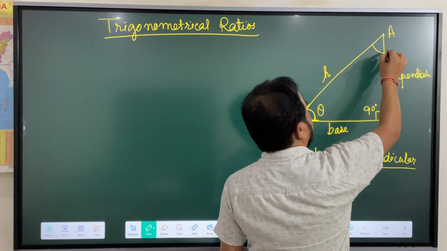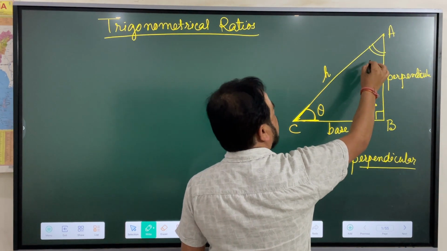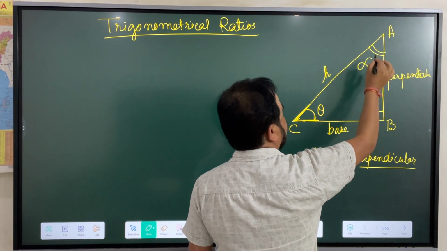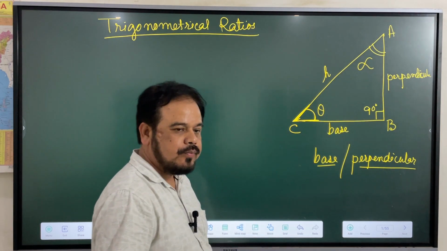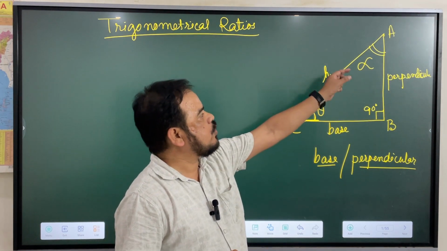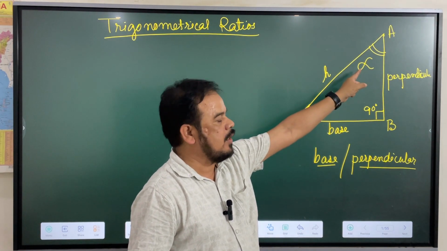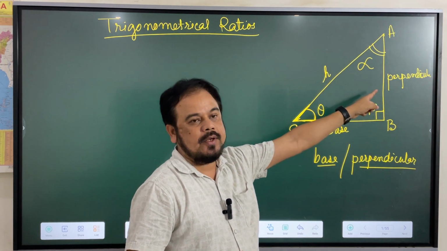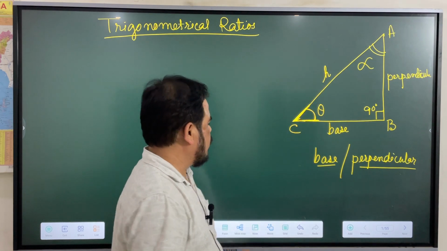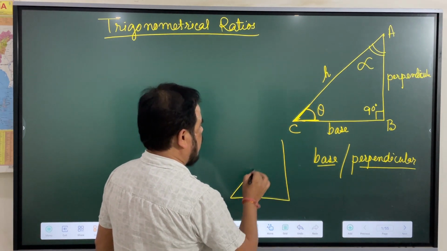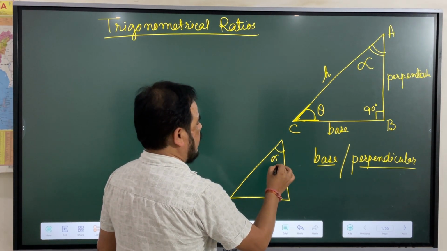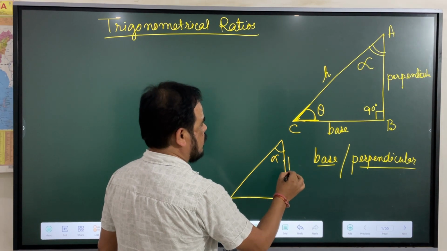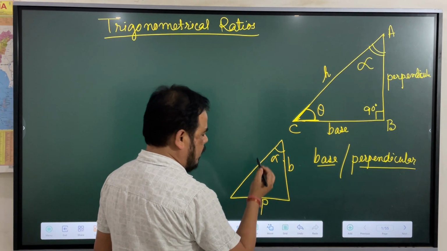For this angle, suppose alpha, which is also a Greek letter, with respect to angle alpha, AB is not the perpendicular. This is the touching line, so this is called base, and this will be called perpendicular.